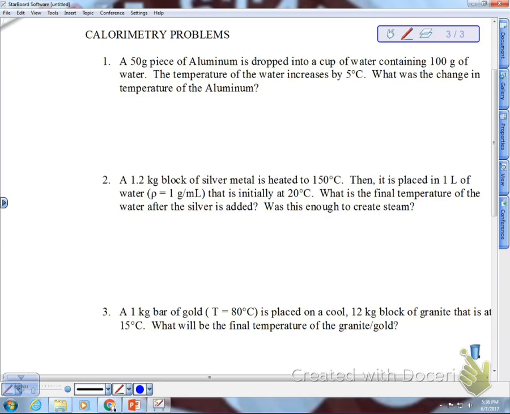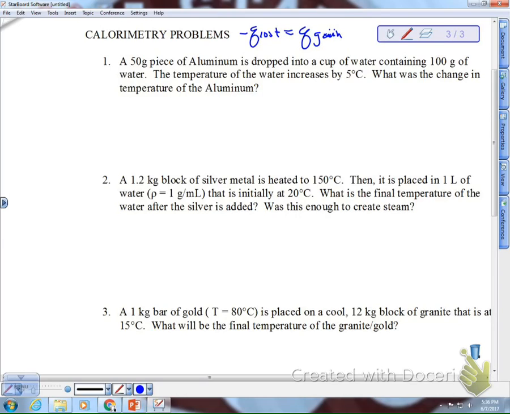All right, so that was just some real basic practice using the Q equals MC delta T formula. These now are real calorimetry problems where we use the concept here. Remember this concept: heat lost by something is gained by something else. Heat lost equals heat gain.